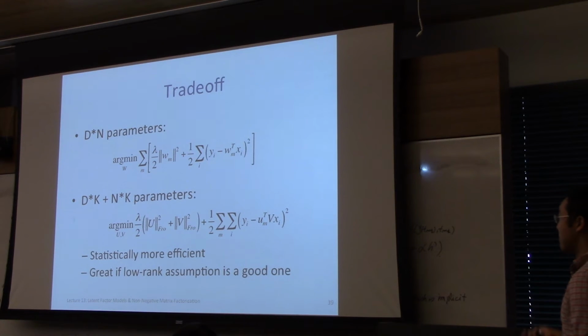So you'll get a more accurate model with this type of model if the low rank assumption across tasks is an appropriate assumption. And it often is in practice. But of course, this is an assumption. In order to get this benefit, you have to make an assumption.